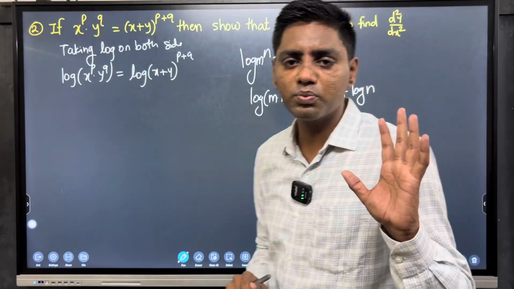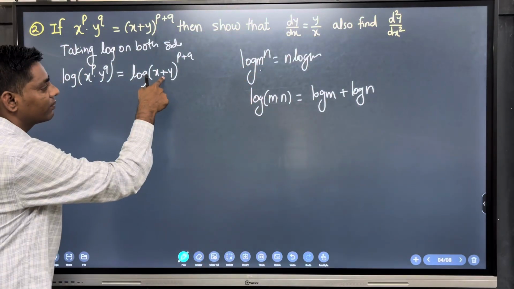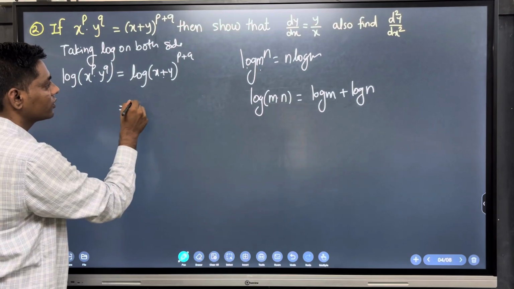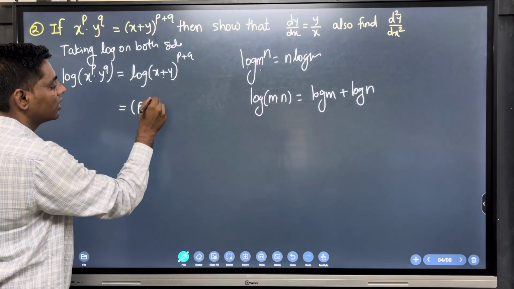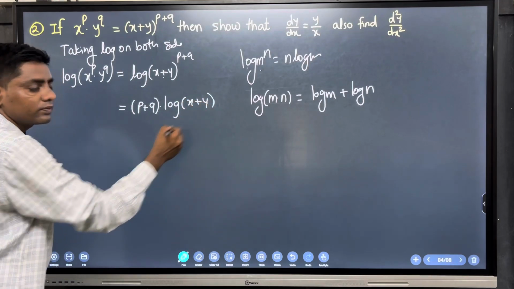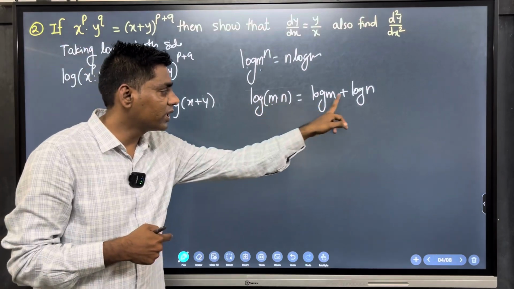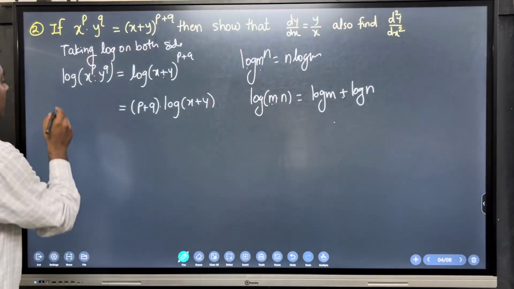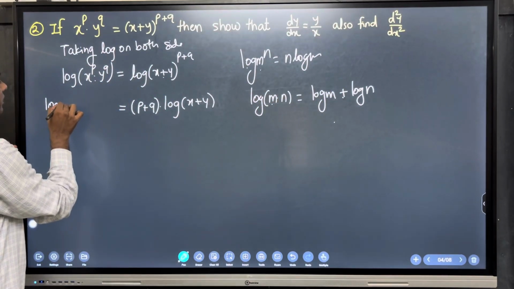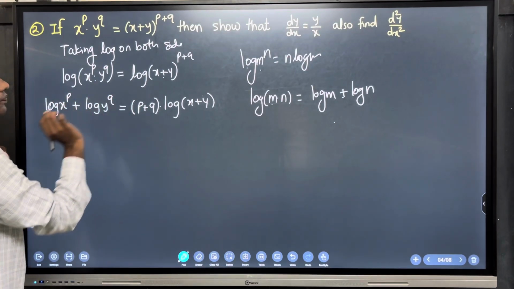This is the multiplication property of logarithm. So we apply here the first. Now here we apply the property of the exponent. So p plus q goes to multiplication, log of x plus y as it is. Here two terms are in multiplication, so it becomes addition of logs. So then we get log of x raised to p plus log of y raised to q.